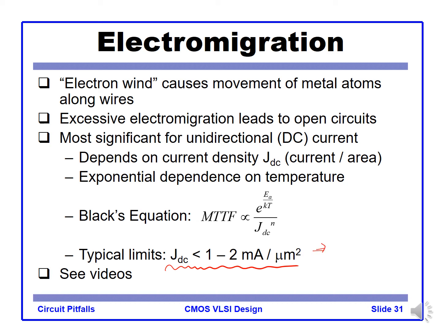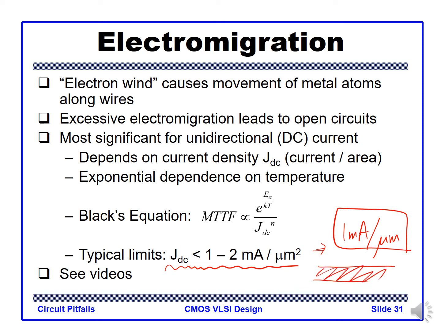What you can just remember is that typically 1 milliamp per micrometer is the maximum. A rule of thumb you can remember: for any metal line with a width of 1 micron, the maximum current you can expect is roughly 1 milliamp. Imax is 1 milliamp.